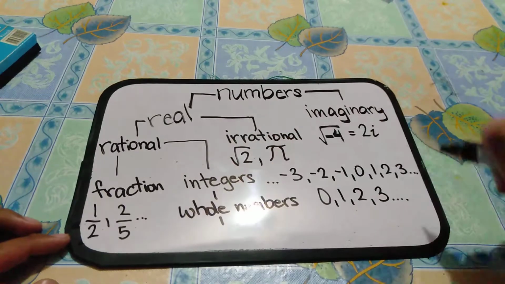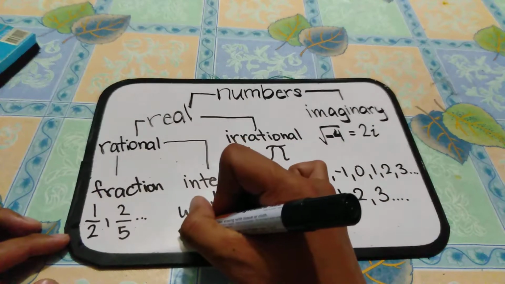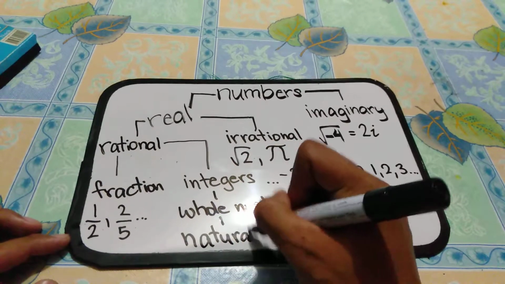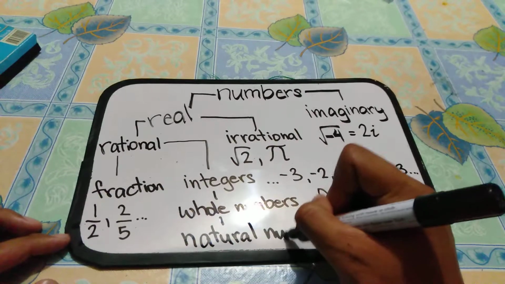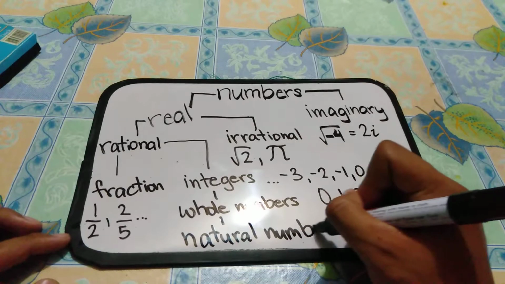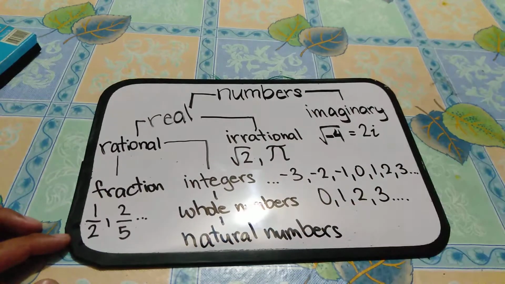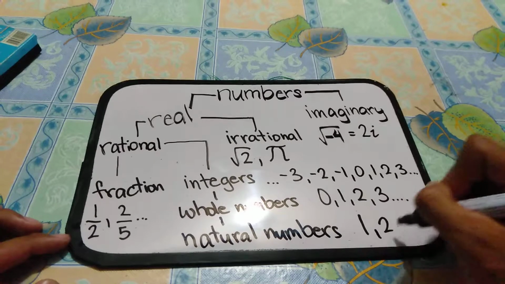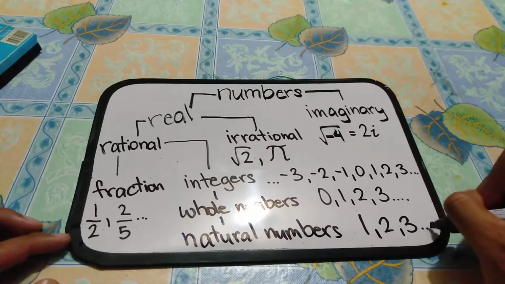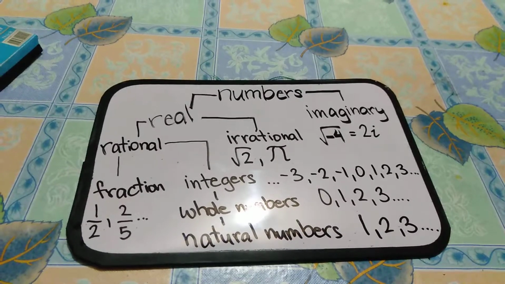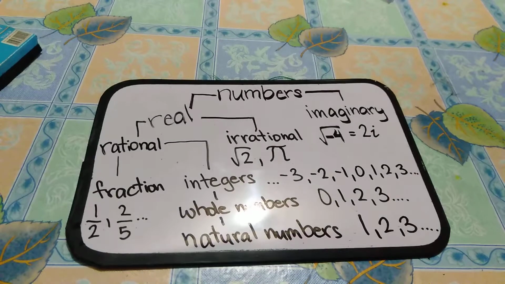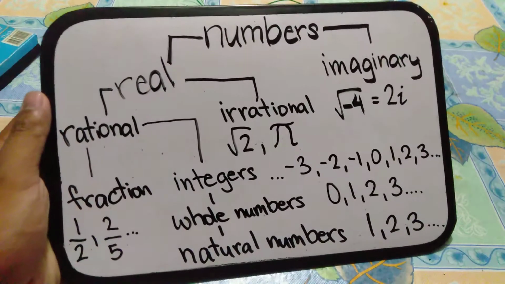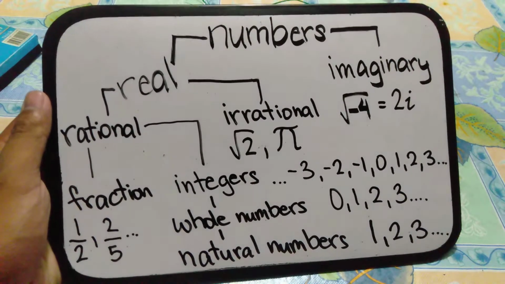And also, in integers, we have natural numbers. Natural numbers are the numbers that start from +1, 2, 3, and so on and so forth. And that is what the types of number is.